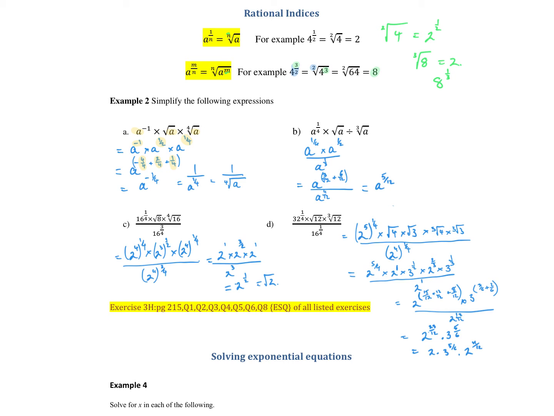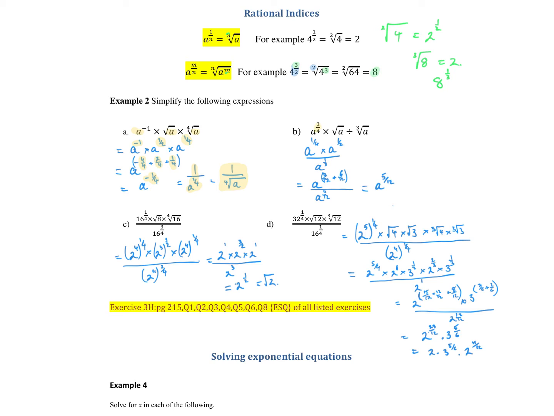If we add all those together, we get a to the power of -1/4. Acceptable answer, but we want a positive index, so we might write it as 1 over a to the power of 1/4. We could in turn then turn it back into an expression involving the radical sign. Okay, so have a look at that and hopefully that makes a little bit of sense. But my calculator will stop here at 1/4.